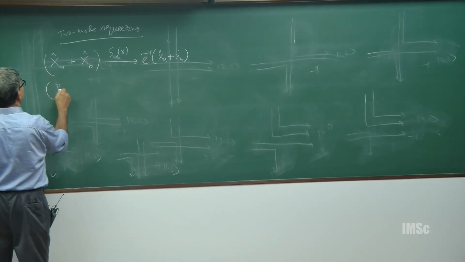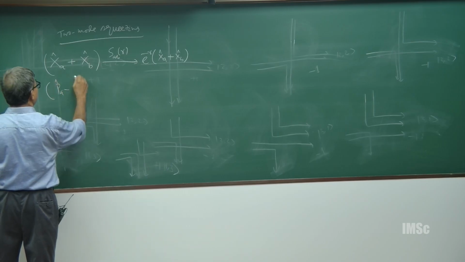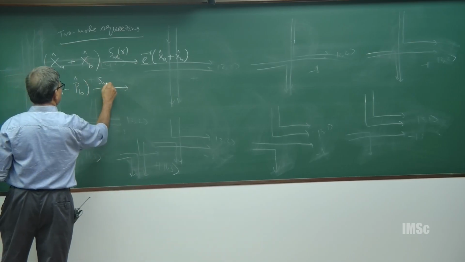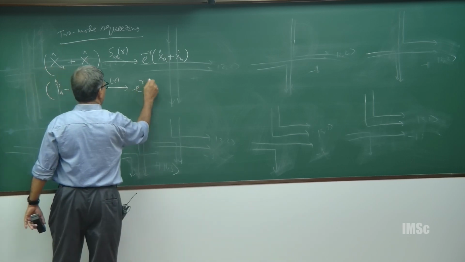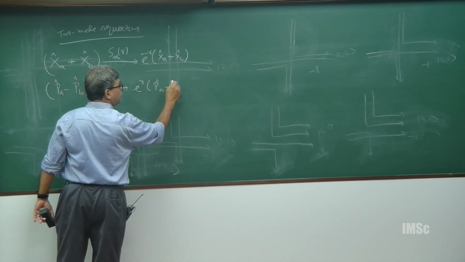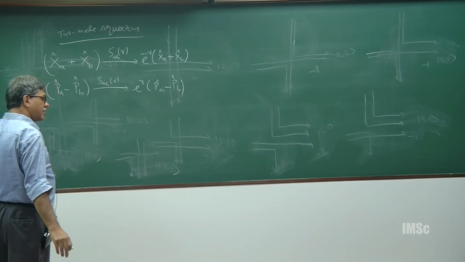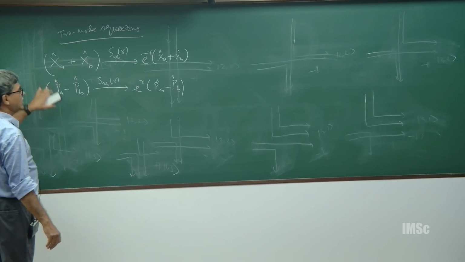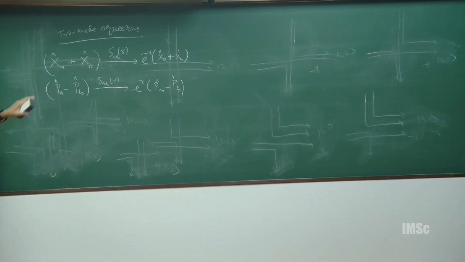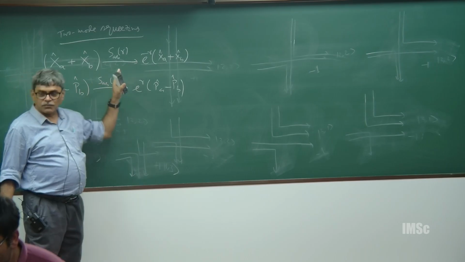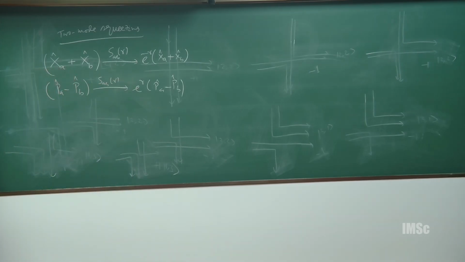On the other hand, if you take p A minus p B, this will go to e to the power r times (p A minus p B). And vice versa. If you take minus here, it will be plus, and so on. So you see that this is a kind of generalization of what we have seen in the case of single mode.